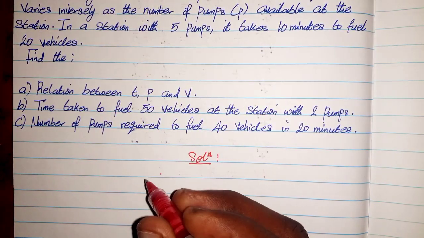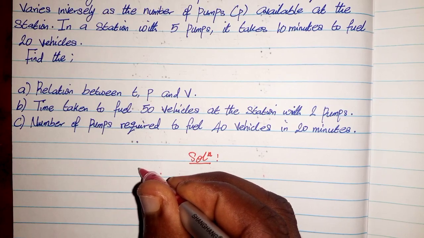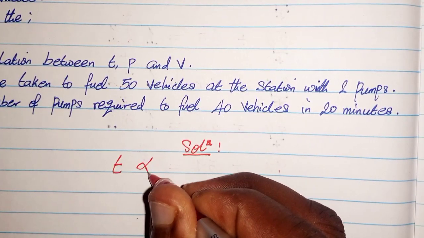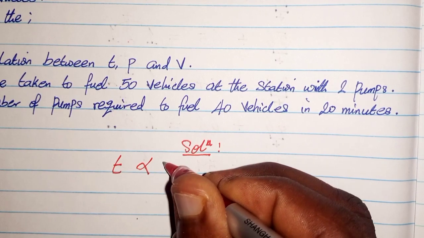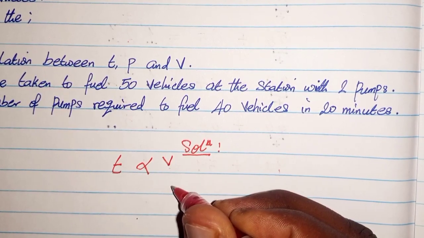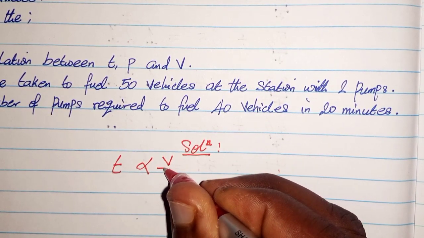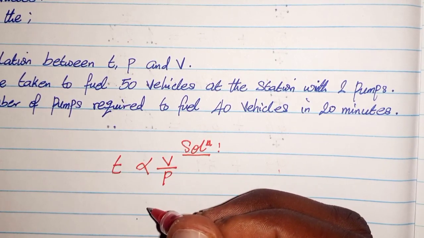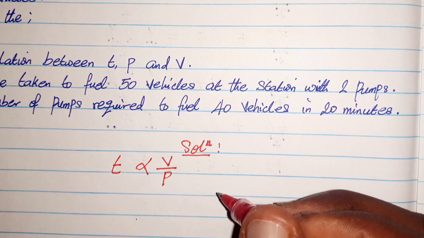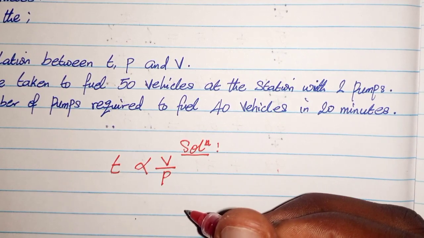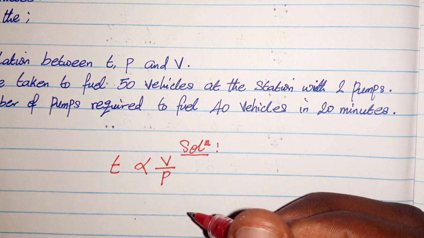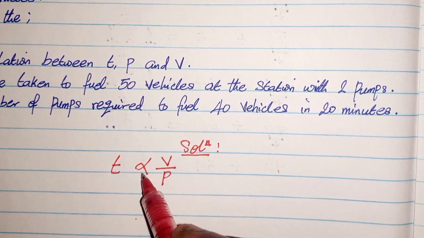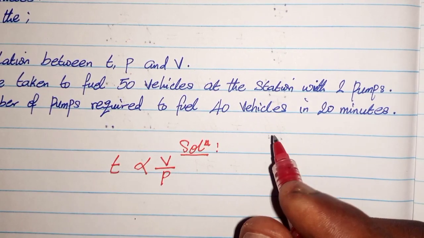So what they are saying here is that our T varies directly as V and inversely as P. The next thing for us to do here is to introduce the constant of proportionality by removing this variation sign.